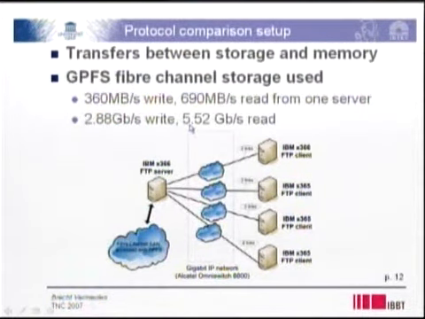Measured on that server, we had a maximum write speed of 2.8 gigabits per second and a maximum read speed of 5.5 gigabits per second. To that server, we connected 4 clients, each with 2 gigabit links over an Alcatel OmniSwitch switch. And with those clients, we tried to load that server and see how much throughput we got with all the clients together.